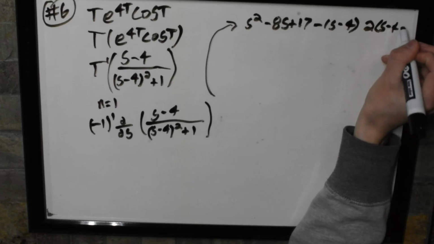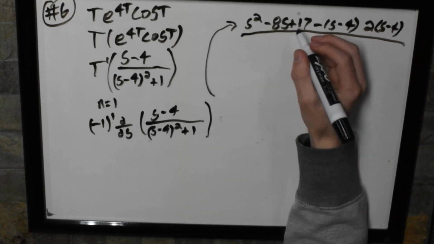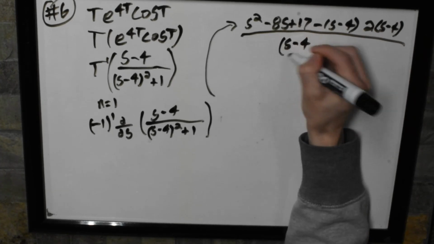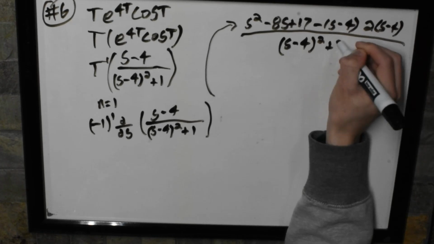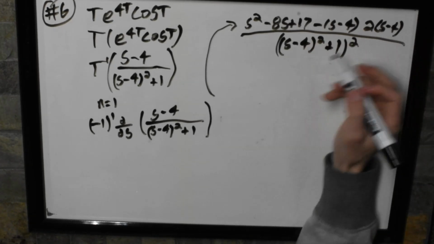2s minus 4 times the denominator squared. So that's going to be s minus 4 squared plus 1 all squared. Okay, well I'm gonna expand this.